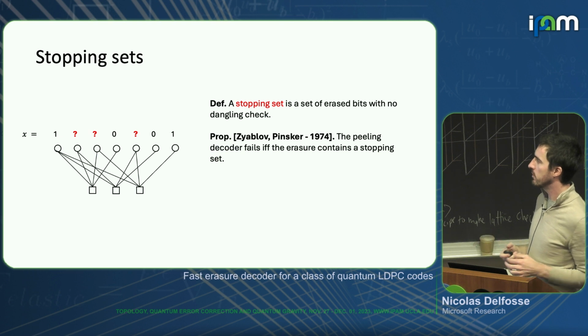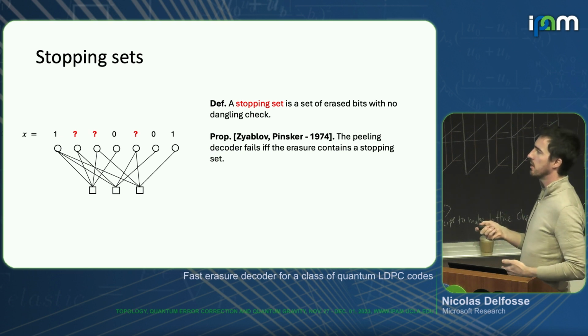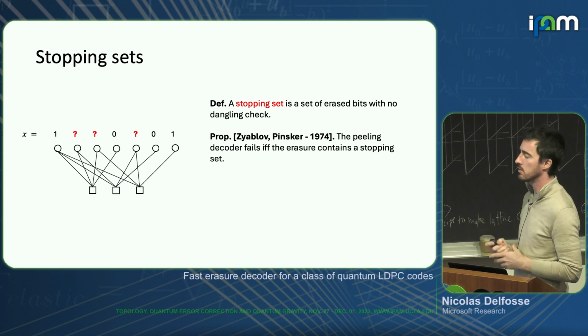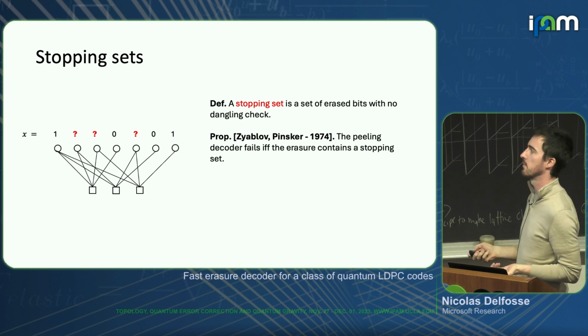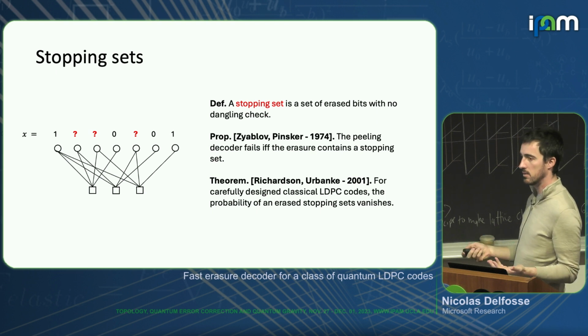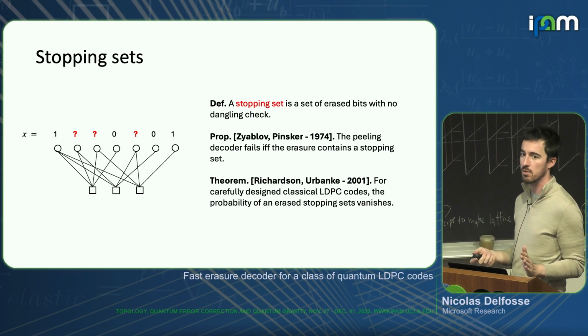And what Zyablov and Pinsker proved is that the peeling decoder fails if and only if we encounter such a configuration: the set of question marks contains a stopping set. Knowing that, we can design codes that have very low probability to contain a stopping set.